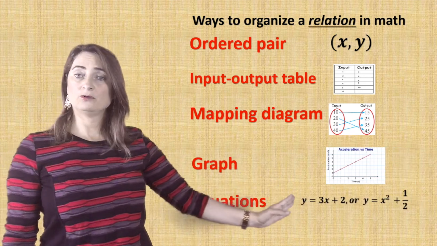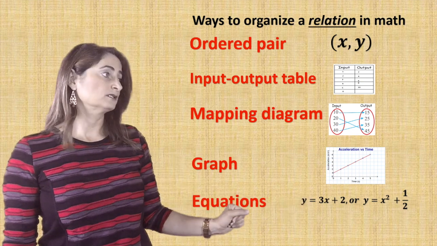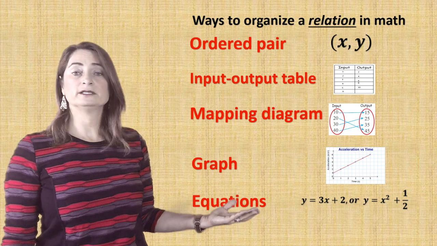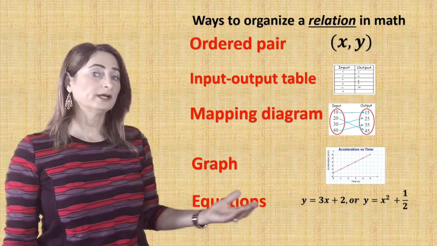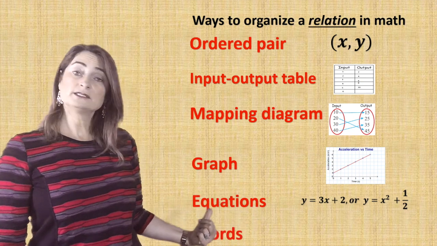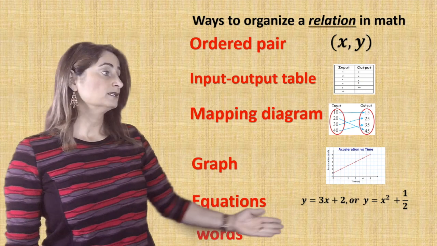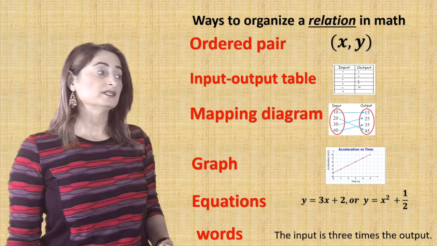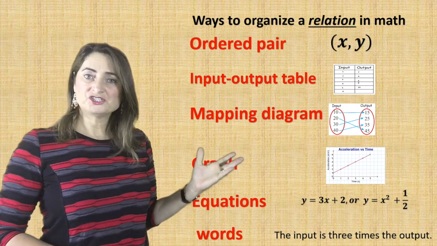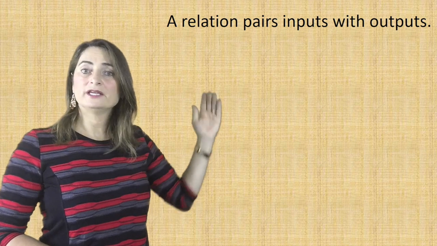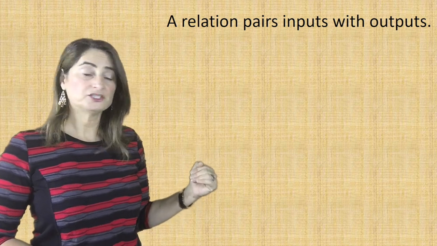Equations, and that would be y equal 3x plus 2, or when you have y equal x squared plus half, or any equation. Words can also, we can organize a relation in words, such as the input is 3 times the output. Relation pairs input with output, as you saw in all different ways of organizing a relation.